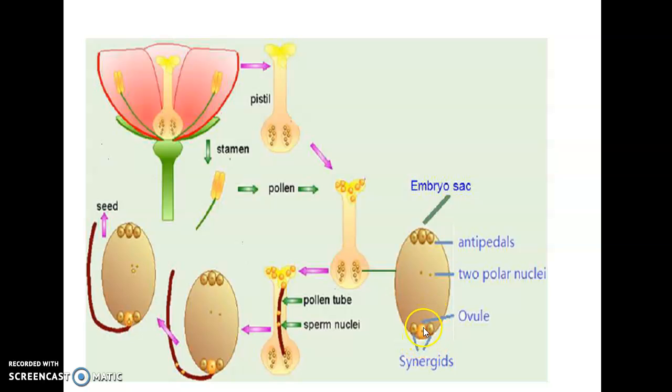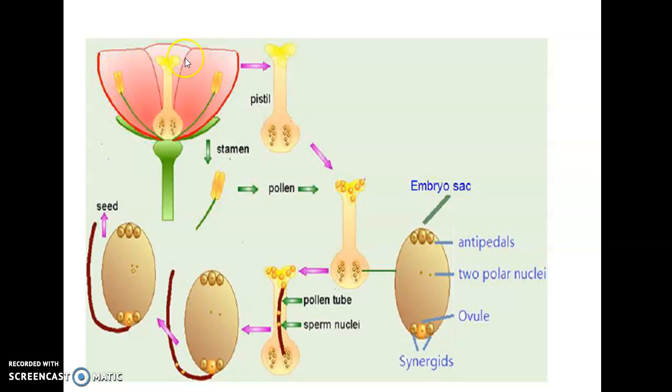It consists of an egg cell and 2 synergids. Centrally you can see the polar nuclei. 2 polar nuclei are there, and at the other pole you can see antipodals. The spelling is wrong here in this diagram. Antipodal. So this is a mature embryo sac.